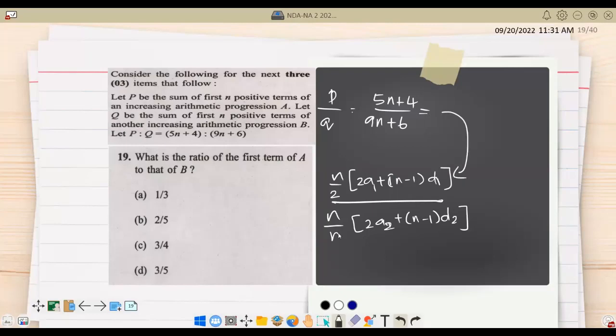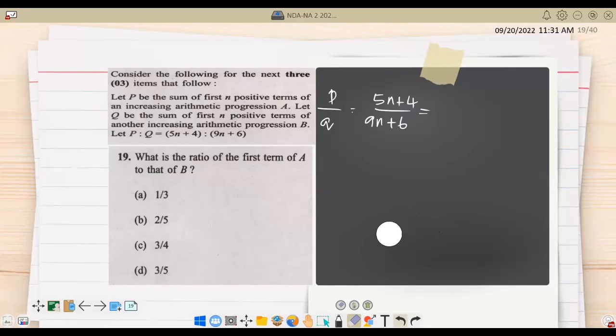So this n by 2 and n by 2 are the same, right? Only the value of a and d will change. So we can omit this. Of course this should be there, but since it is in the numerator and the denominator, we can cancel, and then we should try to change this in the form of this. So we'll go about that.